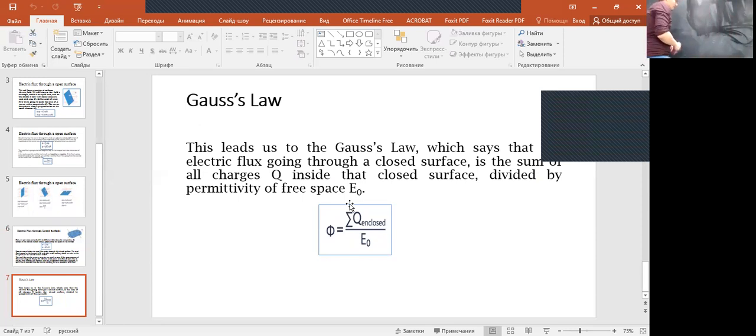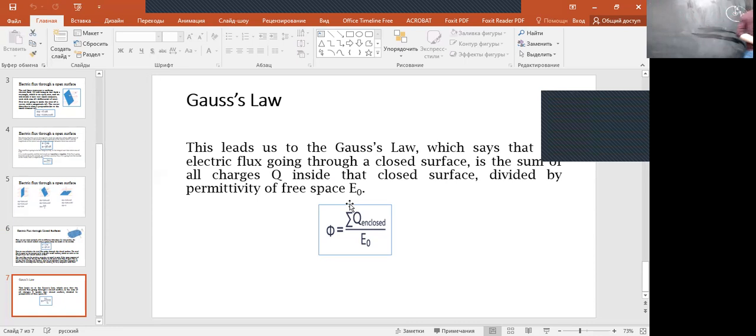Any closed surface, so let's say a sphere, we have such kind of sphere, okay? And it has a positive charge, let's say Q, and its radius is equal to R. So Q is inside of the sphere, okay? What about the total flux?